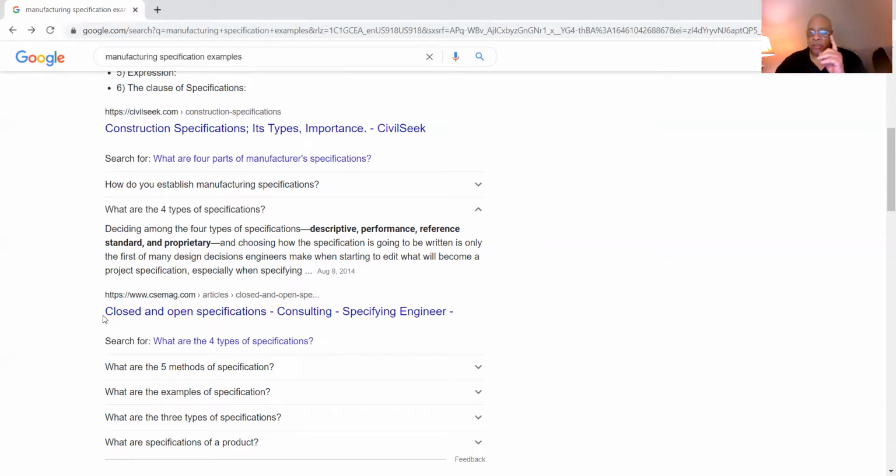Now, the specifications, when they talk about limited, what they're really telling you is they're limited to that project. So in other words, specifications are basically standards, but standards for a specific project.